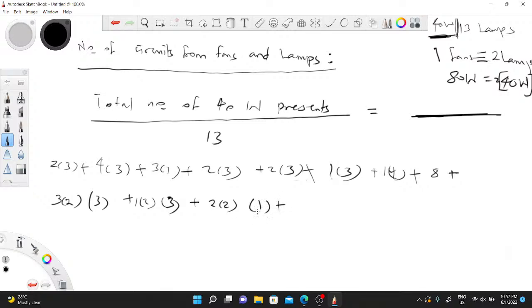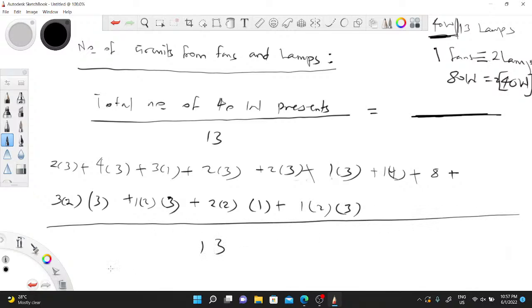Then plus finally regular bedrooms. That's 1 times 2, and there are 3 regular bedrooms. So this is the total number of 40 watts present. I'll sum all these and divide by 13.